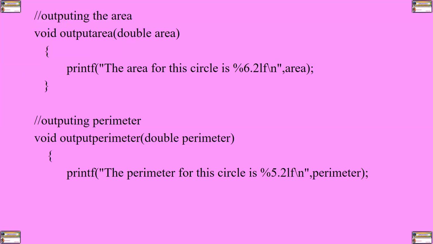And then this statement is simply telling the processor, display the following message on the screen. The perimeter for this circle is, pick the content of the parameter called perimeter, display it on the screen, but formatted into 5 characters long, with 2 of those characters being reserved for the decimal point. And that's all with that function.